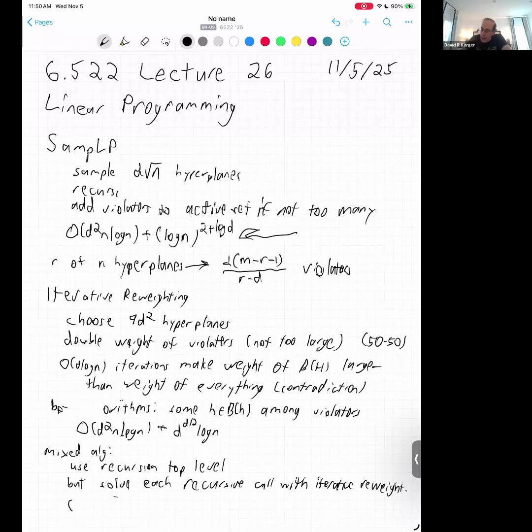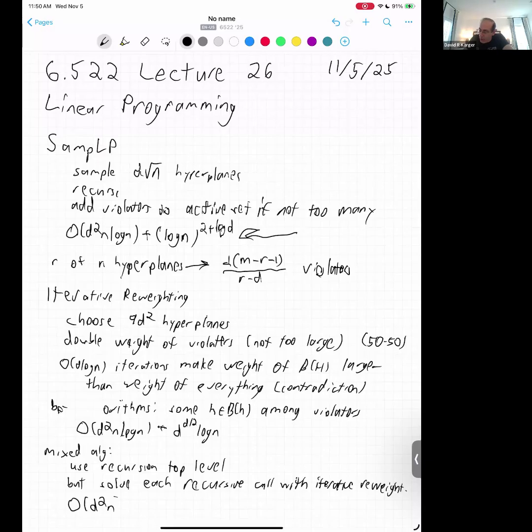So once you take that away, and you only run the iterative reweighting on the subproblems of size square root of n, you've got d of those. So you're going to do that slow growth of weights on d subproblems of size root n, but that's negligible, right? That's only d root n total size. So it doesn't really contribute a lot to the work.